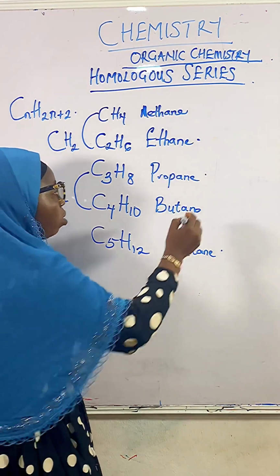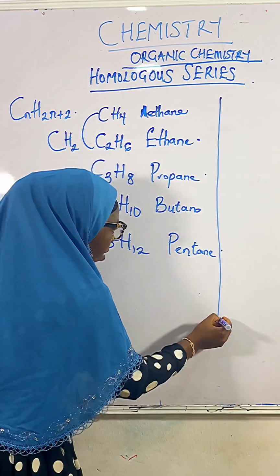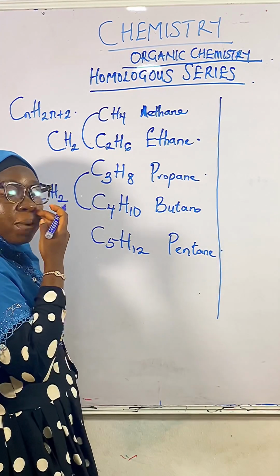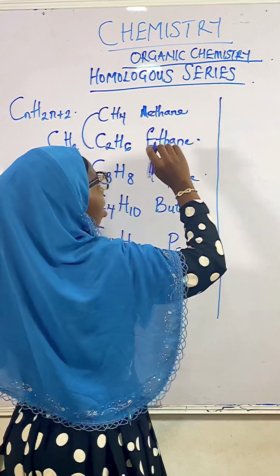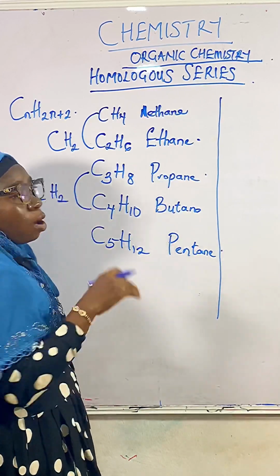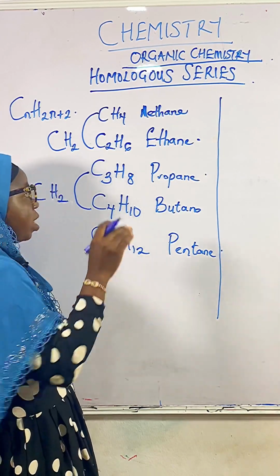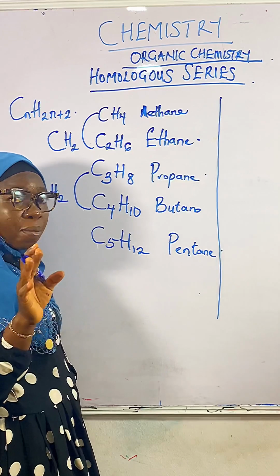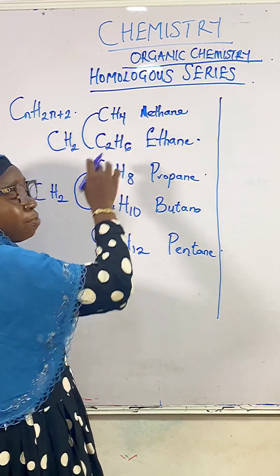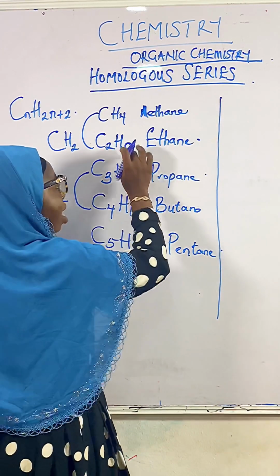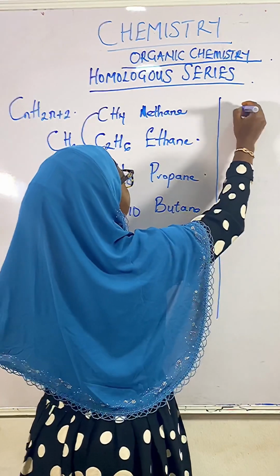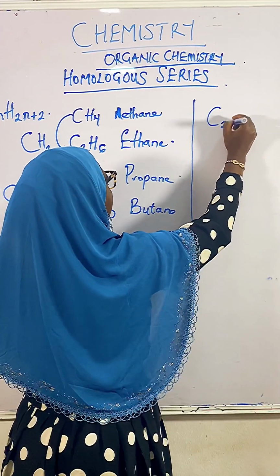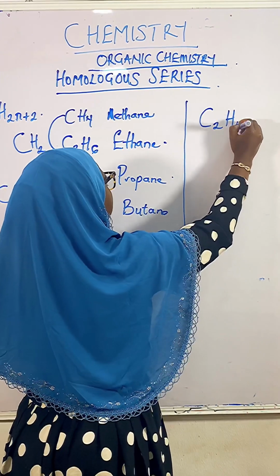Now, although we've not done alkene, let's quickly look at the family members of alkene too. Alkene starts from ethene, which means the second carbon atom, 2 carbon atoms. Alkene does not have methene, so we are starting from ethene. Ethene for alkene is C2H4.